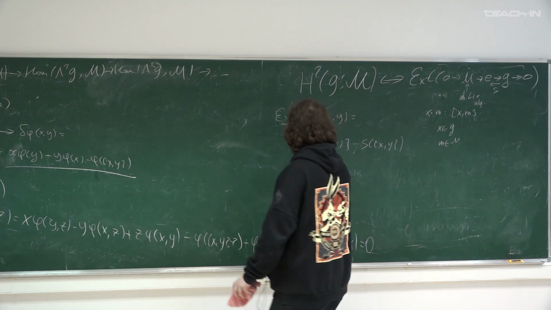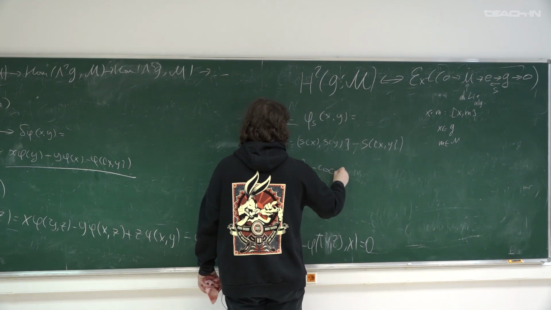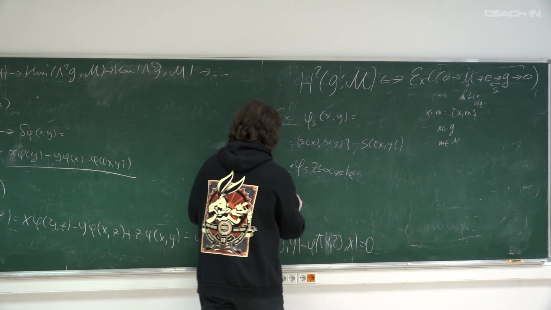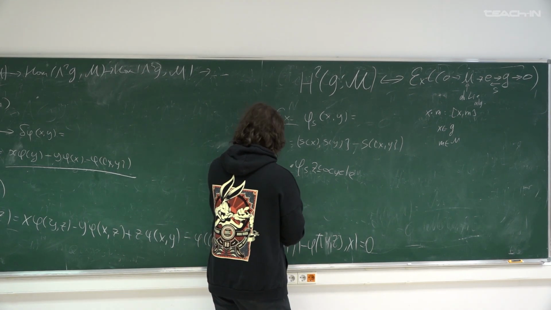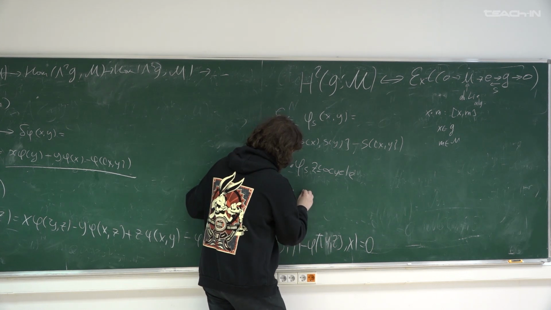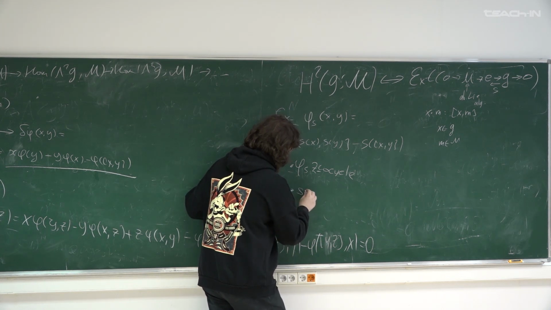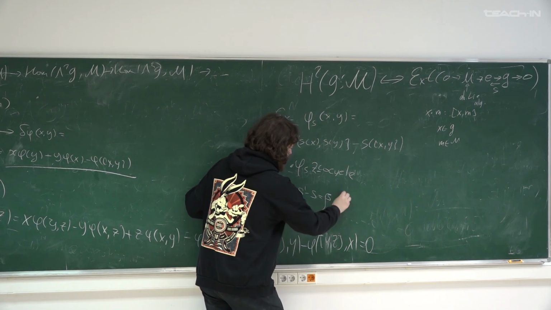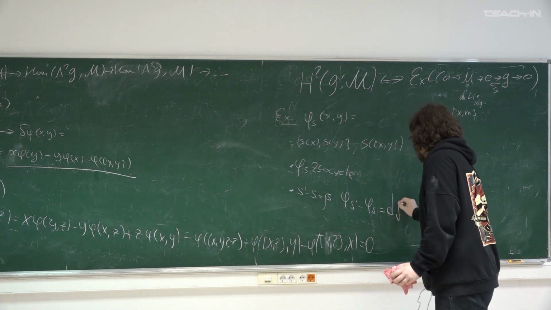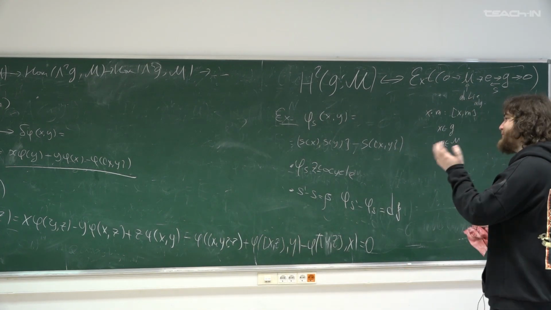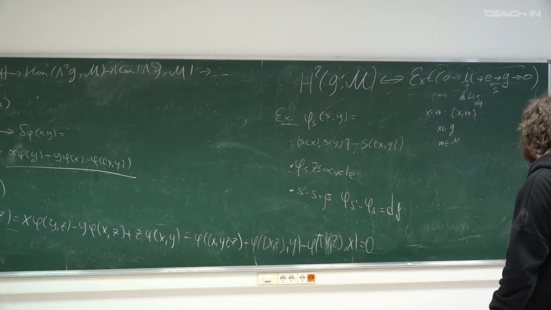One can check that this is a cocycle, a two-cocycle. One can check that if I consider another section, then two such sections differ by some beta, and then the cocycle differs by the differential of this beta, or maybe minus beta, something like this.